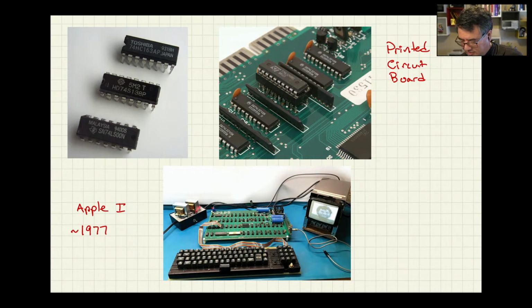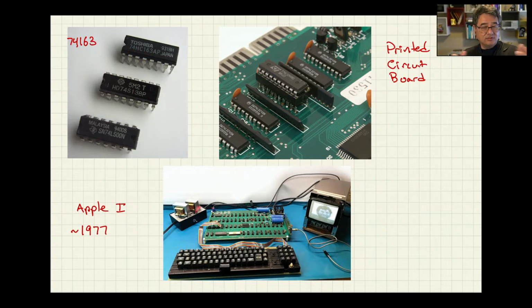And the lettering on the top tells you what's inside of them. This first one is labeled 74, and then there's some letters, but the letters don't matter as far as identifying what kind of chip it is and what's inside of it. It's 74163, which is written right here and right here.